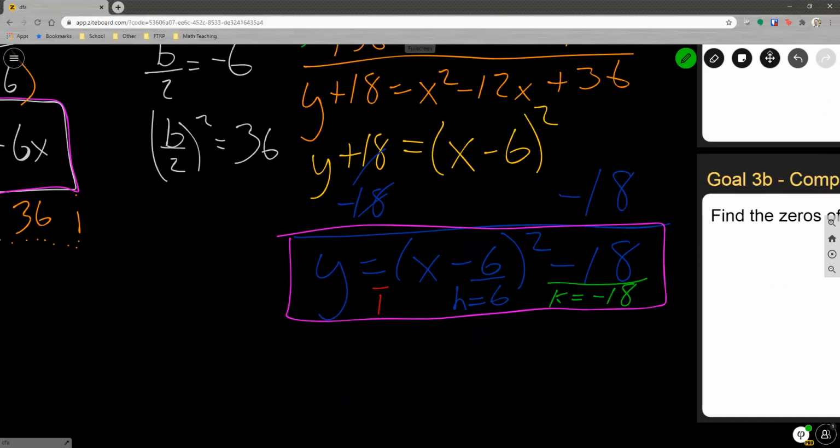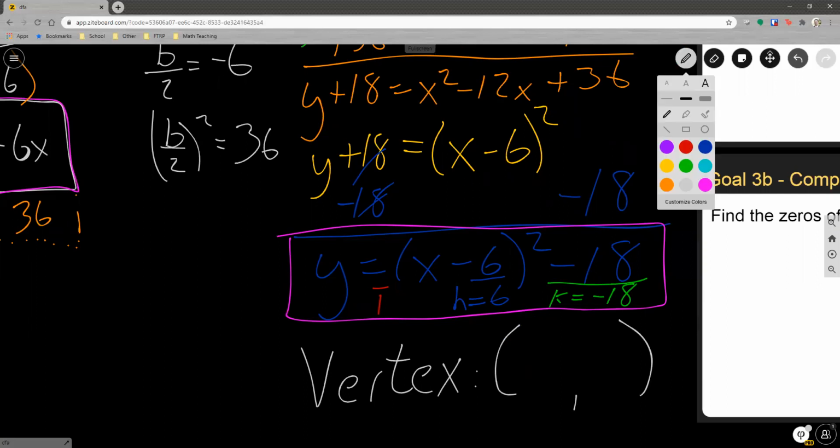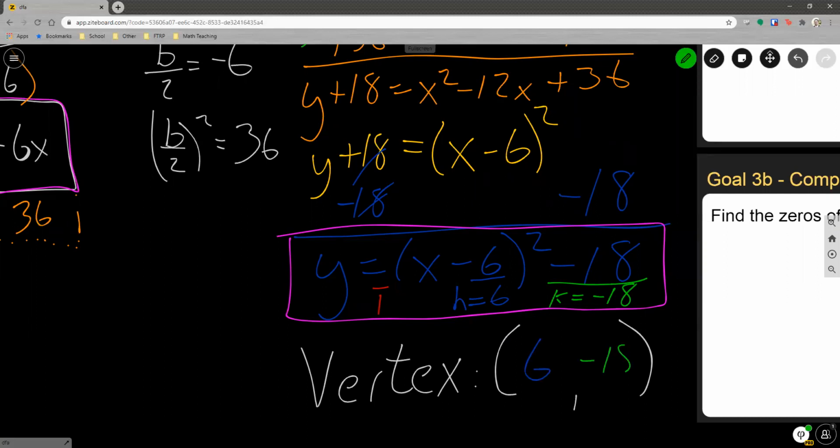Well, because I've got my h and k value, I know what my vertex is. Vertex is just (h, k). So in this case, my h value is 6 and my k value is negative 18. At that point, I'm done.